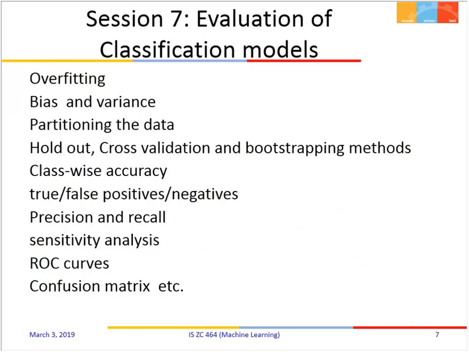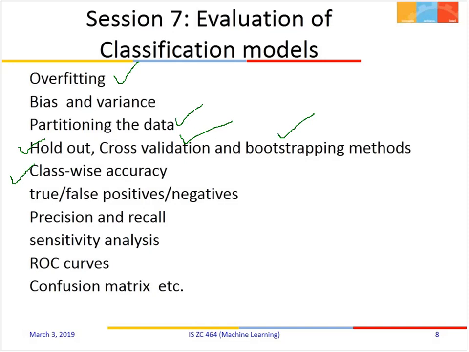So then came the last session in which we talked about how to evaluate the classifiers. We also talked about how to take the data for training and testing. We discussed the partitioning of the data using these three techniques: hold out, cross validation, and bootstrapping. Then we talked about the class-wise accuracy.